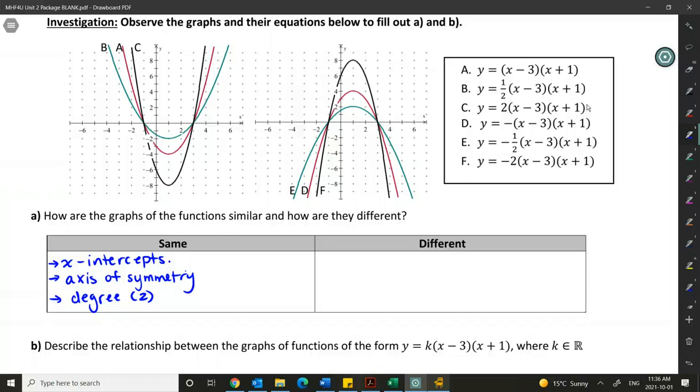Some of them are 2 to 1, some of them are 3 to 4, but they all have the same kind of end behavior in the sense that they are even functions, or even degree. So they're all U-shaped, facing up, or U-shaped facing down, right?